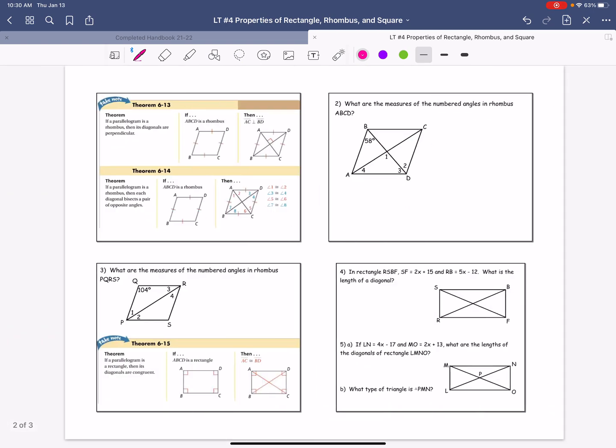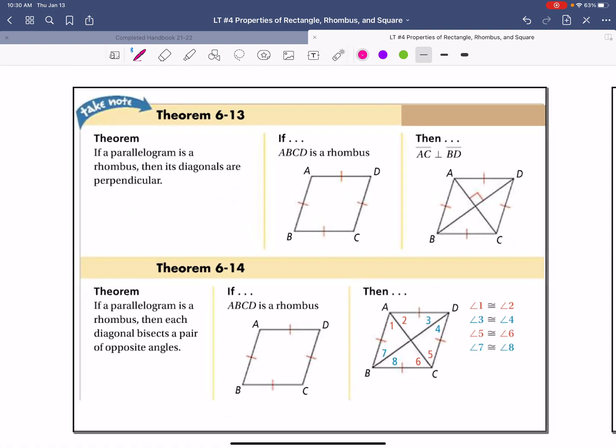Okay, let's go to the next page. We have a couple more theorems. This says, if a parallelogram is a rhombus, then diagonals are perpendicular, and we saw that when we did the cutout. That fold ended up showing us the diagonals, and they were perpendicular. If a parallelogram is a rhombus, then diagonals bisect a pair of opposite angles.